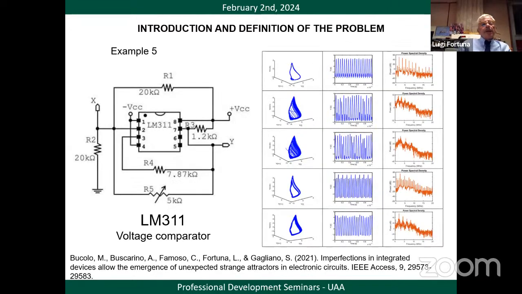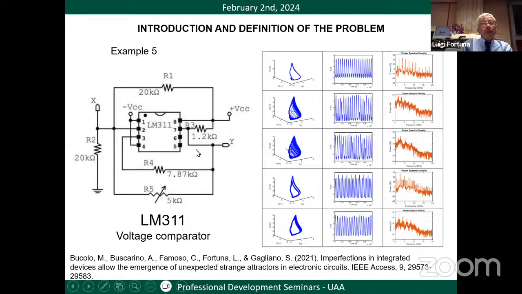Another electronic circuit is a comparator, and as you can see, we have the configuration of the circuit there. We have some resistors inside the circuit, but what we obtain is a chaotic strange attractor, as you can see in these figures. By using these bifurcation parameters, we can have oscillation, chaotic attractors, double oscillations, and so on.